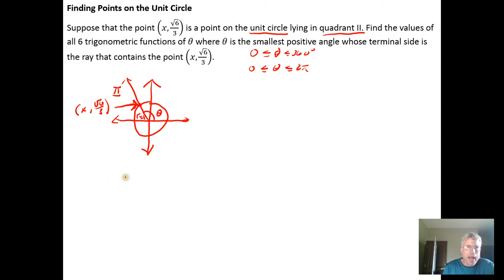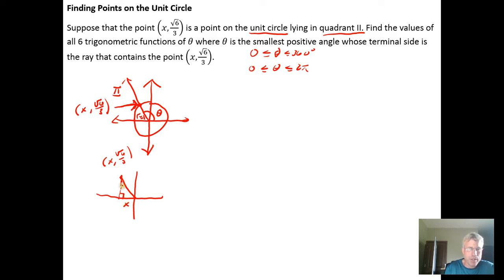So I can just use the Pythagorean theorem to calculate x. In other words, if I give myself a cleaner picture, this point is x, root 6 over 3. And if I drop a perpendicular down, I have a right triangle. I don't know the width of it.